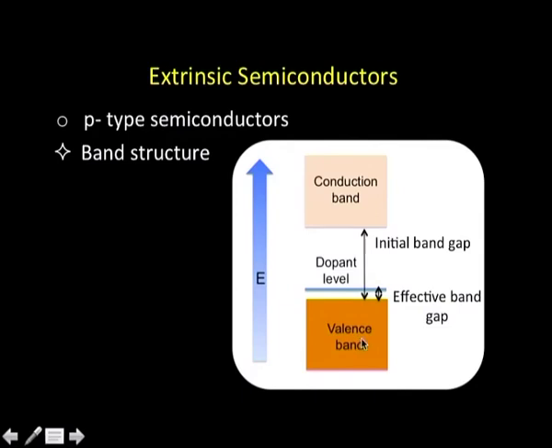What it amounts to is that the effective band gap now has become just this much. In the absence of the dopant, in pure silicon, the band gap was so large. But by introducing this impurity, we have been able to reduce this effective band gap, and thereby the conduction happens, and this is called p-type semiconduction.